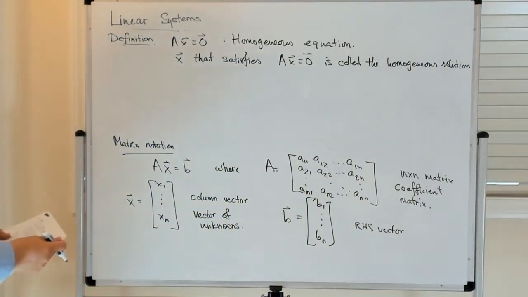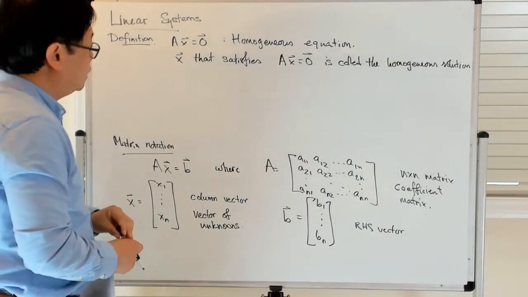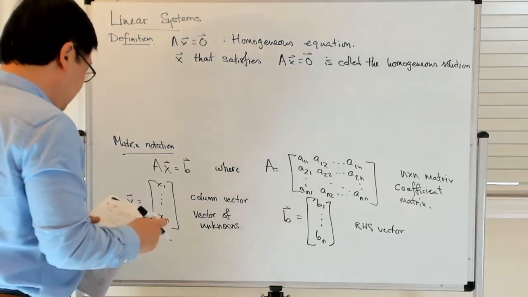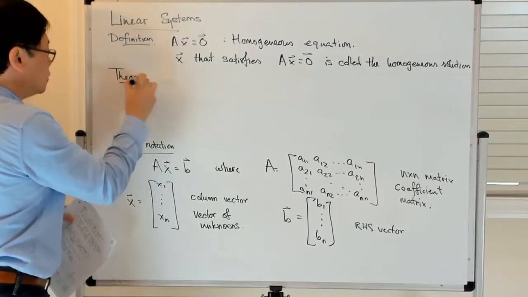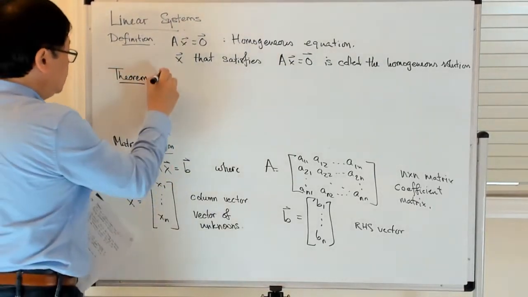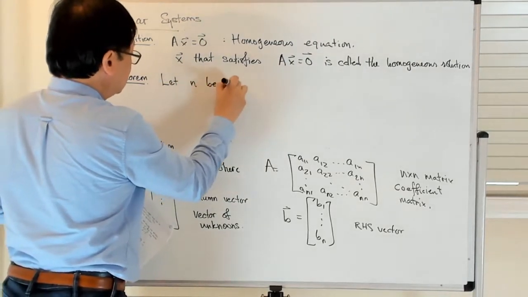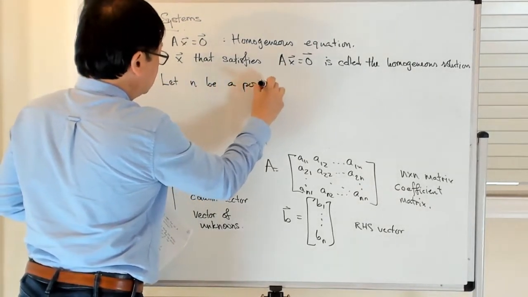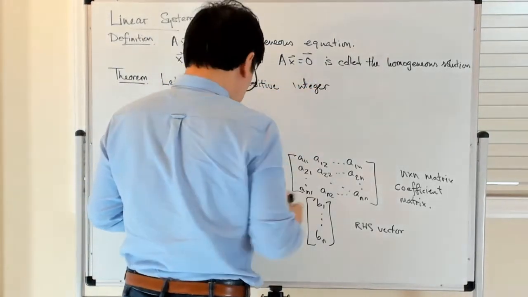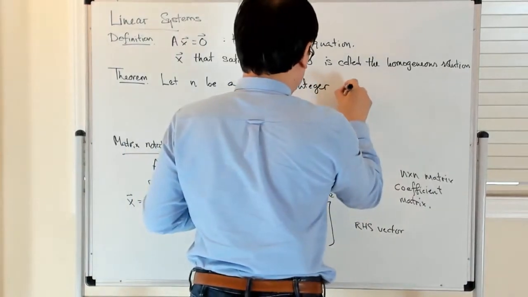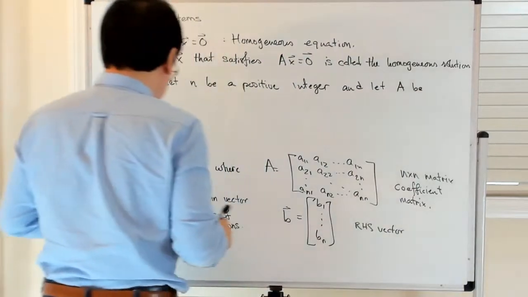So let me state a few theorems now about the solvability of systems of linear equations. Let n be a positive integer, and let A be an n by n coefficient matrix.